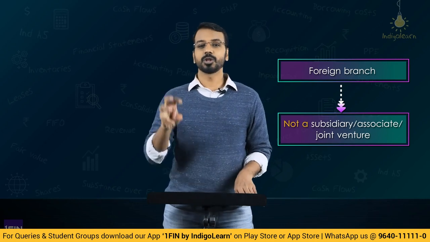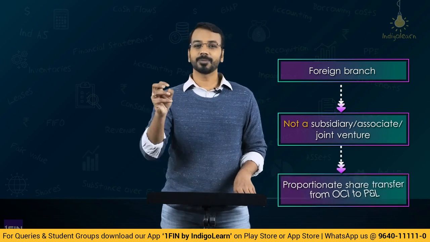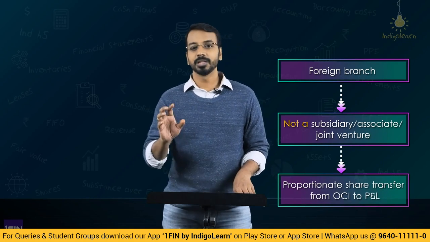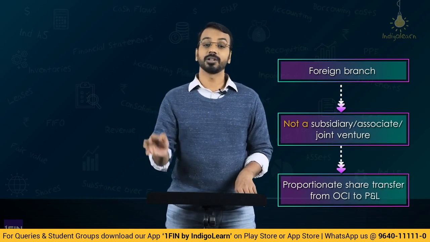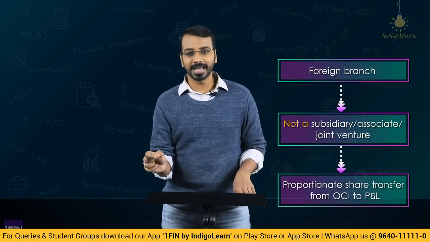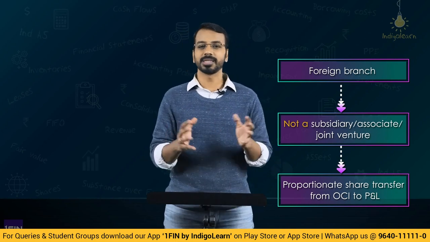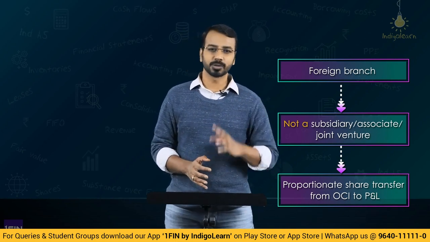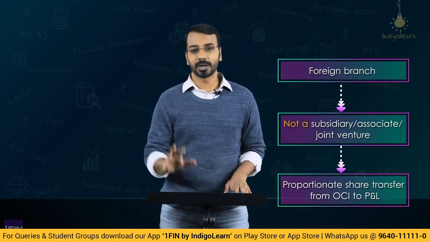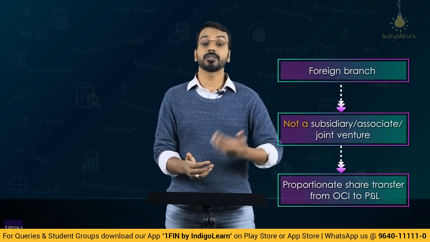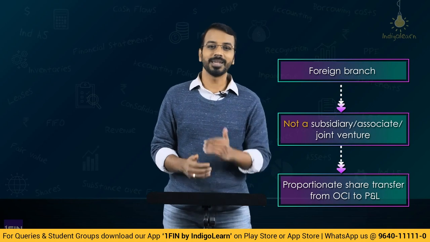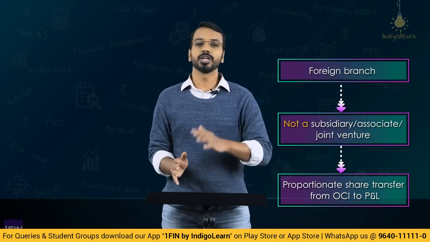In those cases, what you need to do is, the proportionate portion that you have disposed of, to that extent you need to reclassify from OCI to the P&L. So, what it basically means is, say the balance is 1000, we have sold off 30% of the branch to somebody. So, 30% of 1000, that is 300, should be reclassified from OCI to the P&L.